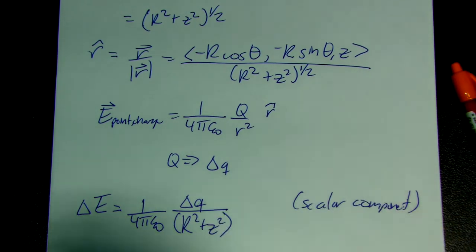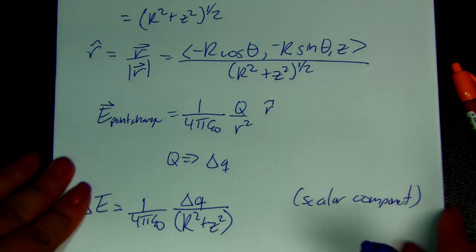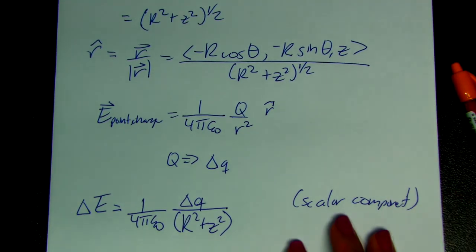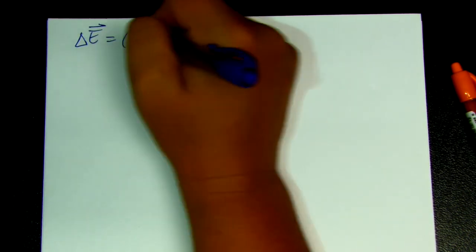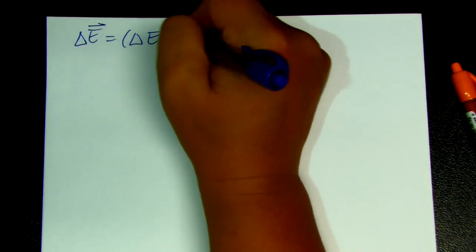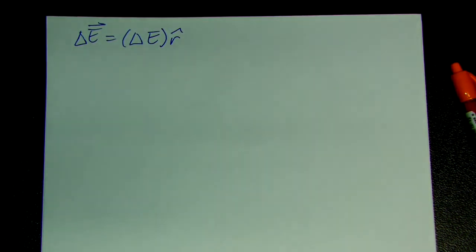And it's a good idea to go ahead and write this out first and then to expand it out into a vector. There's a lot of steps to keep track of. So it's worth the time to do just a touch more work to make sure that you're keeping track of all your variables. So as we know, this is the scalar component delta E times r hat.